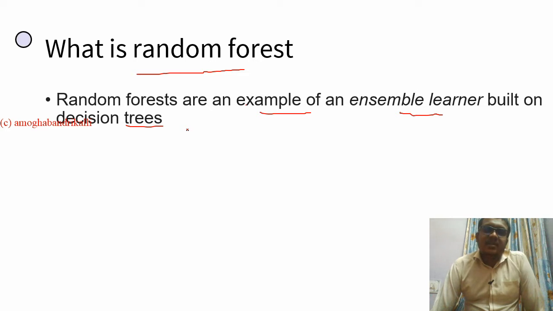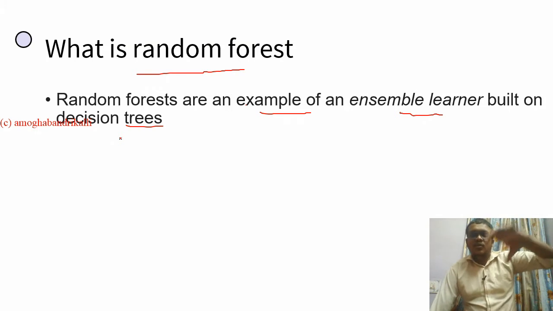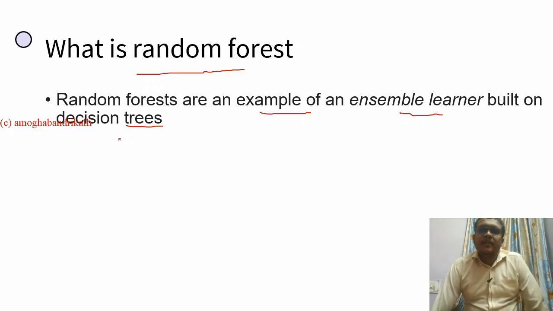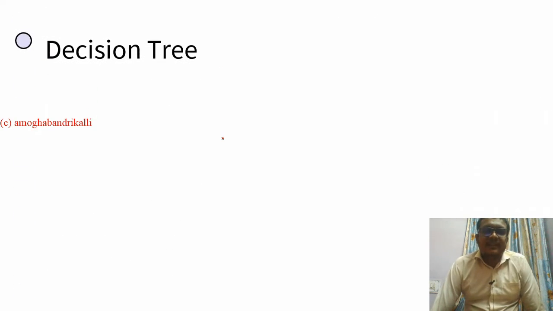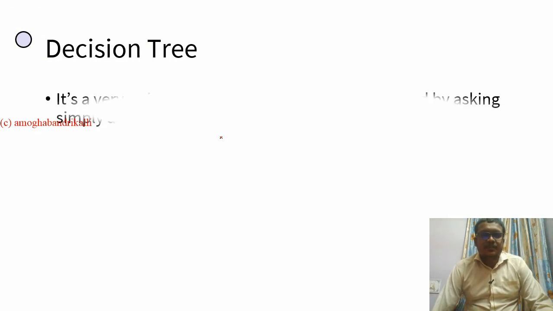The only difference between the decision tree and the random forest is that at the end, in random forest we have a voting machine, but in decision tree it is yes, no, yes, no. Once it reaches the end node, after a series of questions, the last decision is: if it is yes, then the answer is yes; if it is no, then the answer will be no. That is the difference between random forest and decision tree.